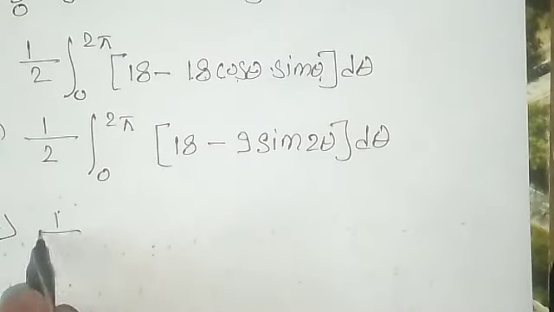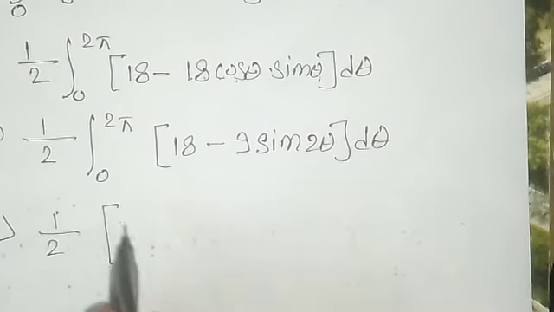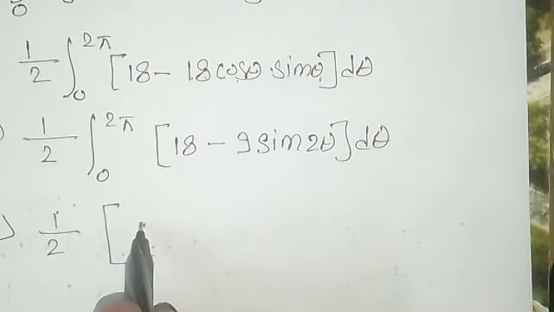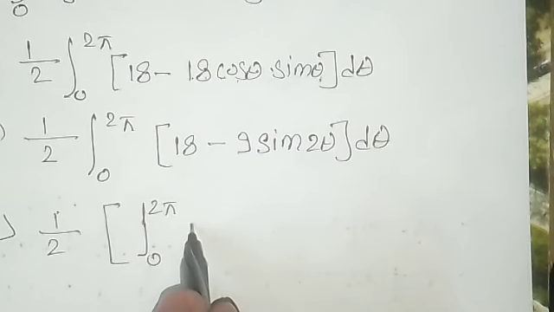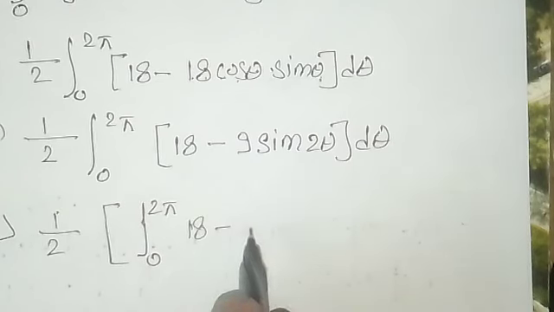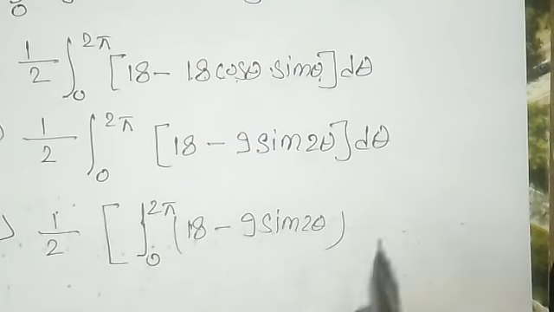Now further, this is half integration from 0 to 2 pi of 18 minus 9 sin 2 theta d theta.